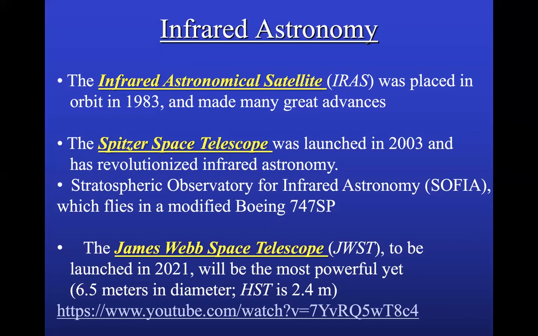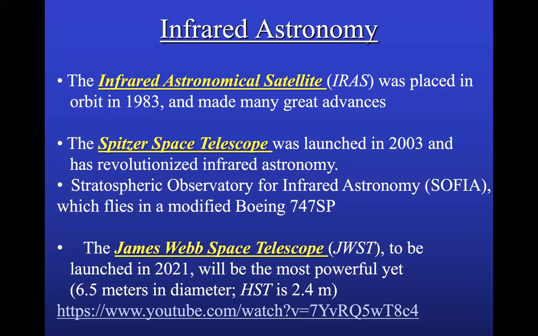For infrared, there are several telescopes that we have in space to observe at this wavelength. The first of those was the Infrared Astronomical Satellite, or IRAS, which was placed in orbit in 1983. After that, there is the next telescope called the Spitzer Space Telescope.